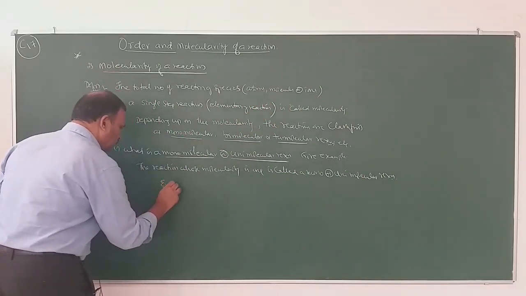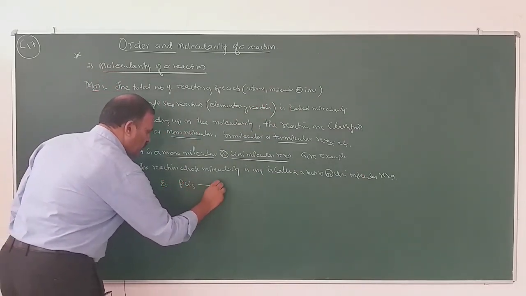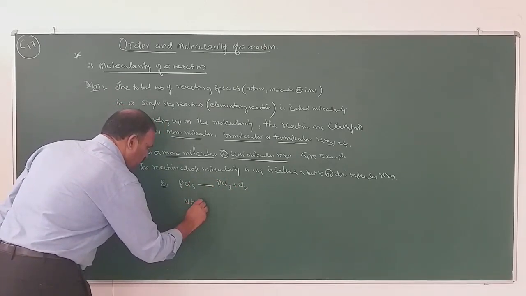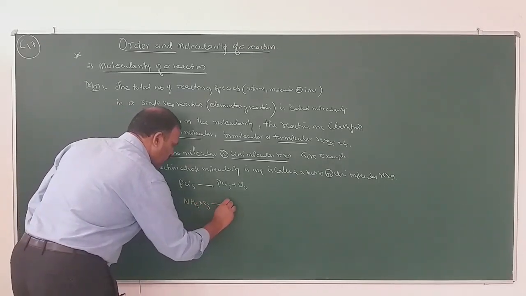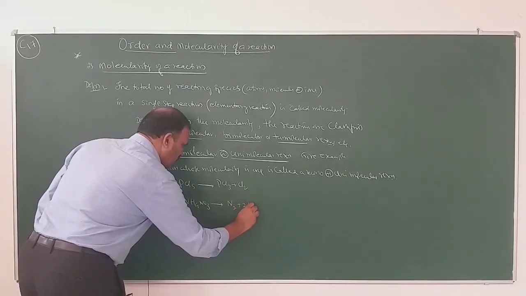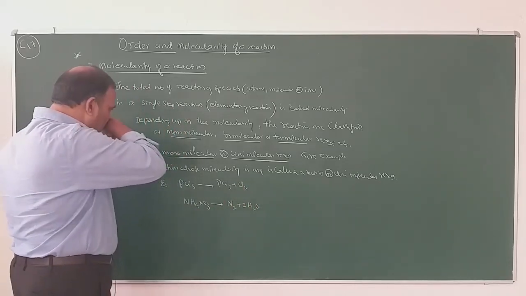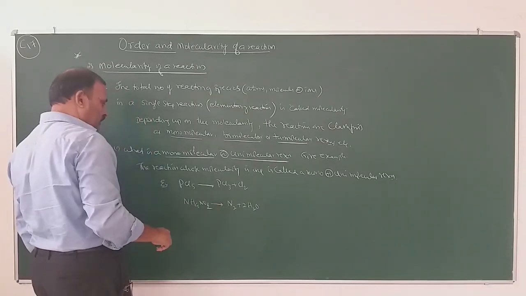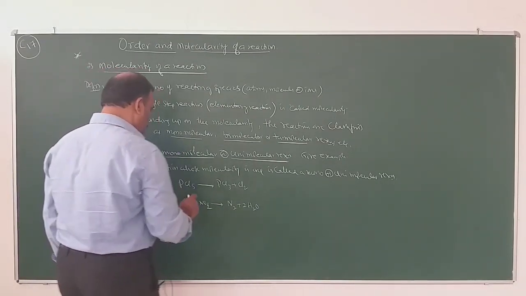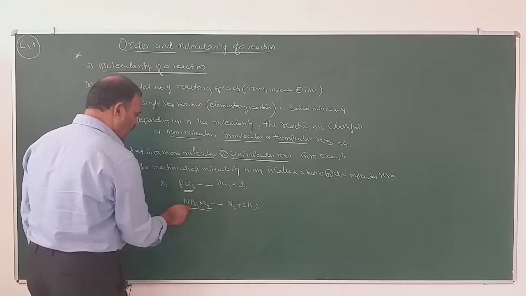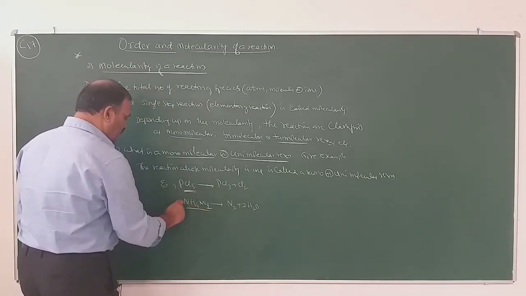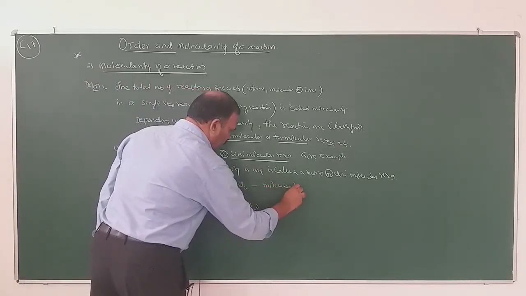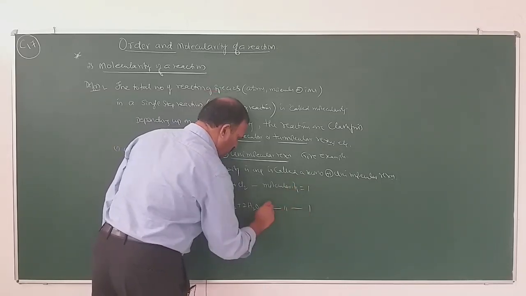Example, PCl5 dissociates to give PCl3 plus Cl2. Also NH4NO3, ammonium nitrate, dissociates to give N2 plus 2H2O. Here the number of molecules of reactants in these reactions is 1, so molecularity equals 1.